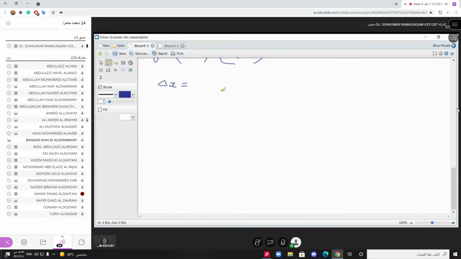Go to the x-axis in the schedule. What is the maximum value? 2.19 and the minimum 0.67. 2.19 minus 0.67, whole divided by 18, the number of boxes in the x direction.